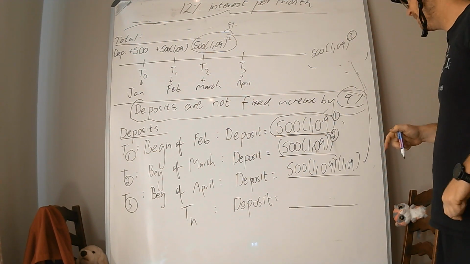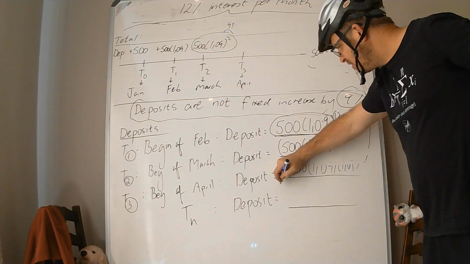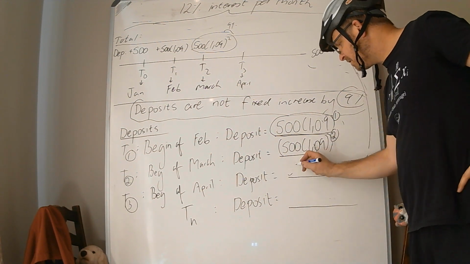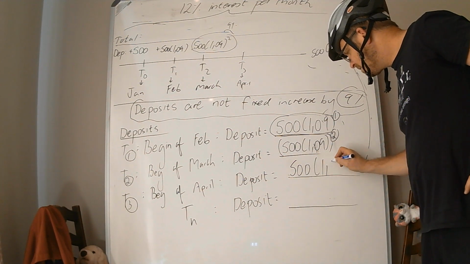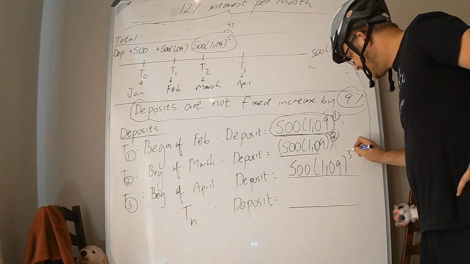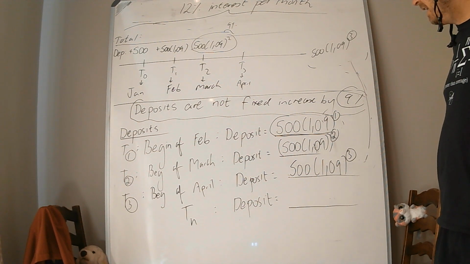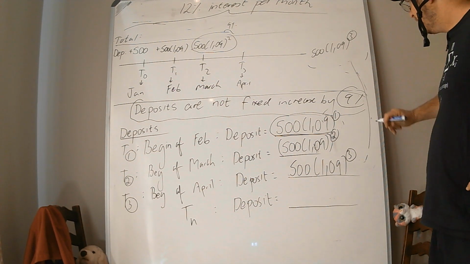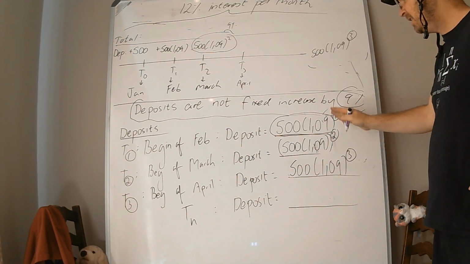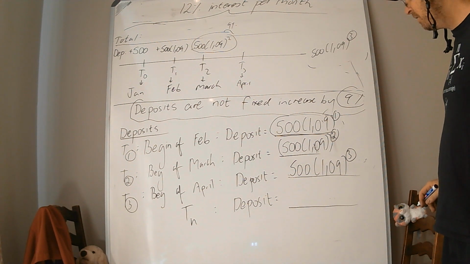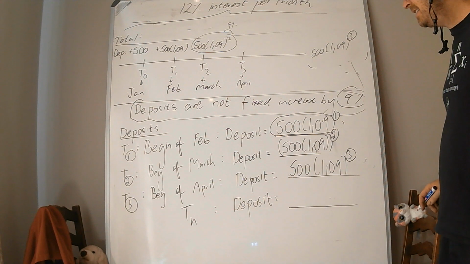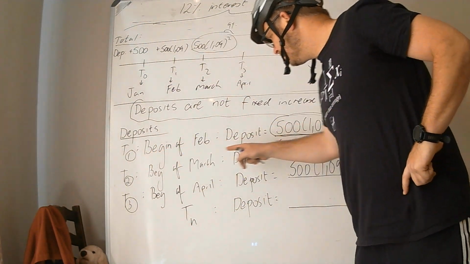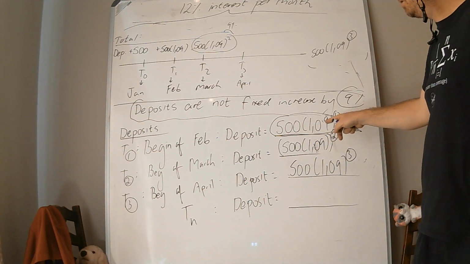So at T3, your deposit is going to be 500 times 1,09 cubed. That is your pattern for your deposits, because Carla's deposits are increasing by 9% every month. She's putting more in every single month. Now I want you to look at that pattern. It's not a recursive formula, it's explicit, the deposit. At T1, 500 times 1,09 to the 1, that's your deposit.